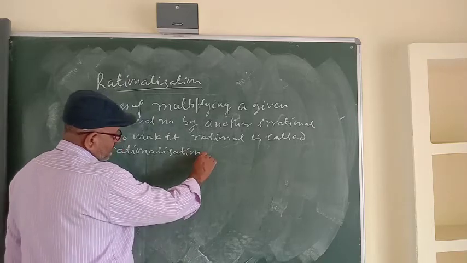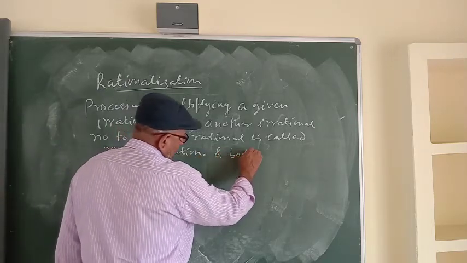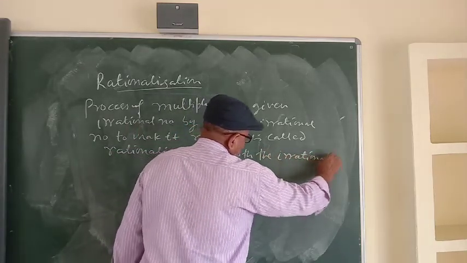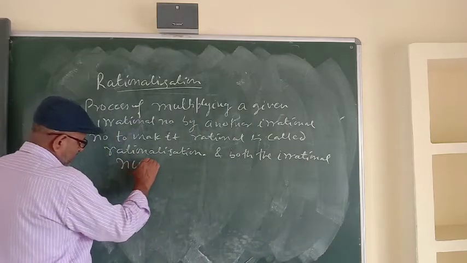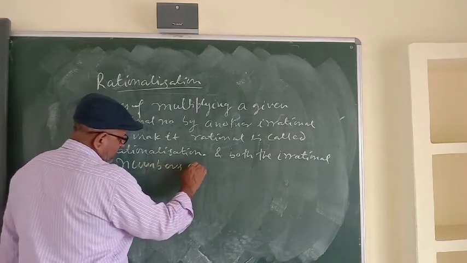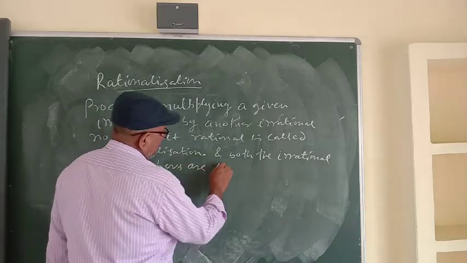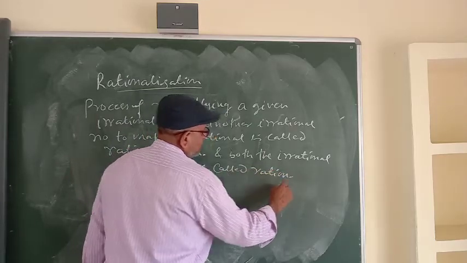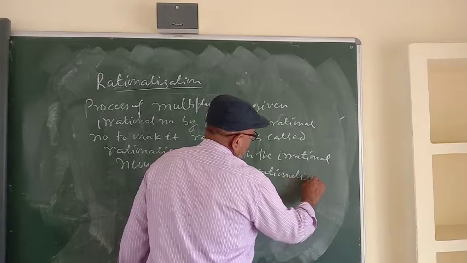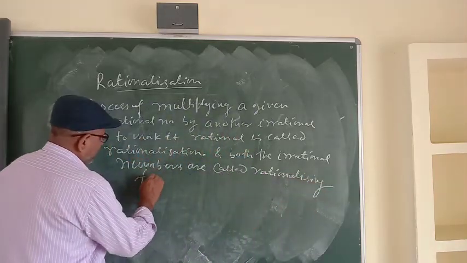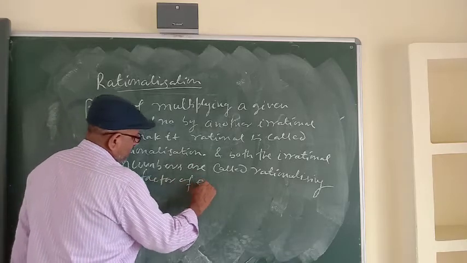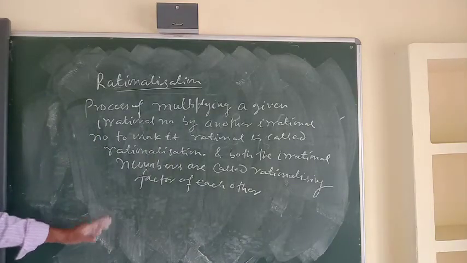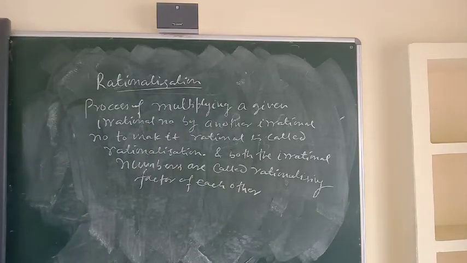Both the irrational numbers are called rationalizing factors of each other.